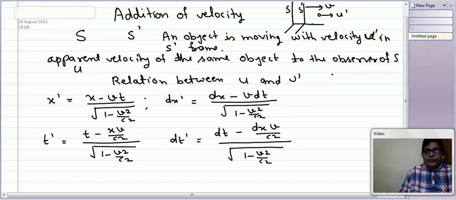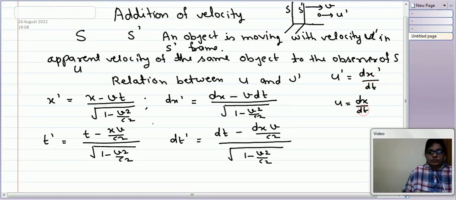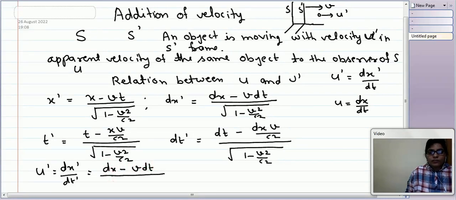Here we can write that u dash is equal to dx dash by dt dash and u is equal to dx by dt. Now let us divide these two expressions. We get dx minus v dt divided by dt minus dx v by c square. Again divide by dt in numerator and denominator.